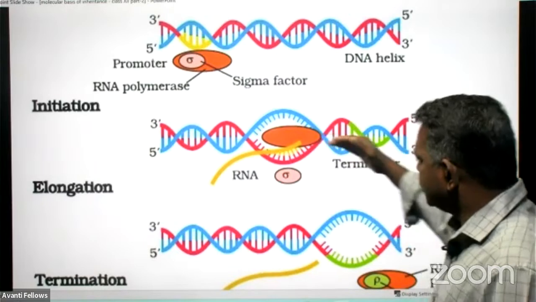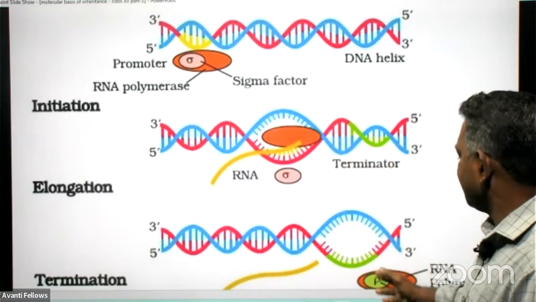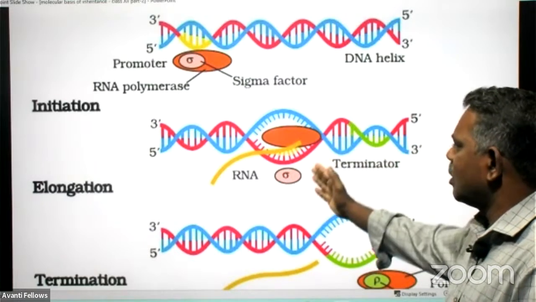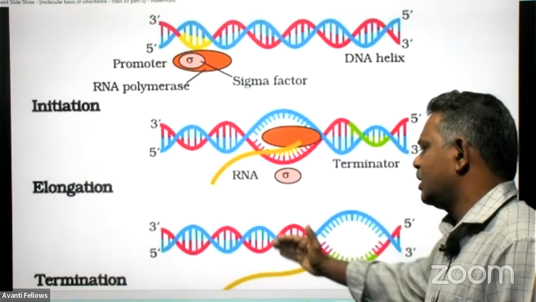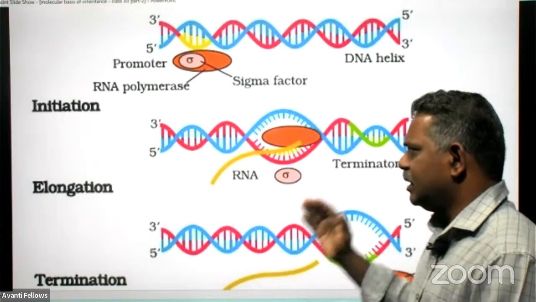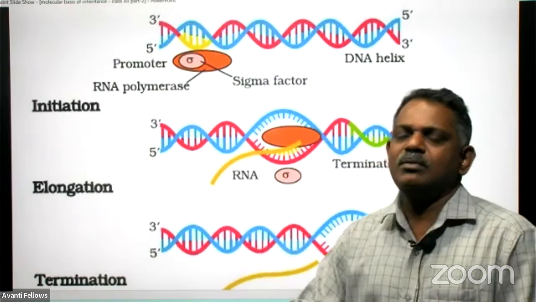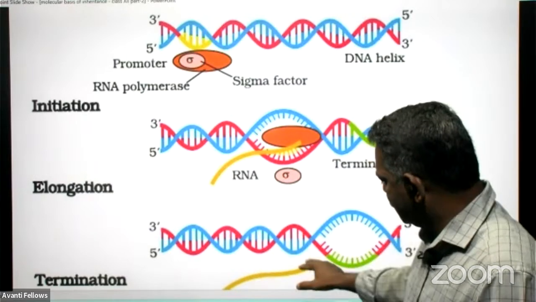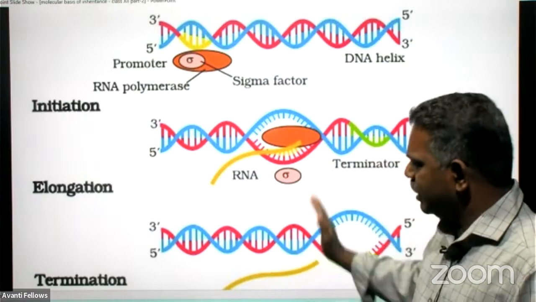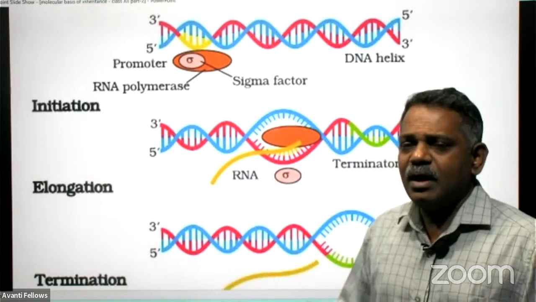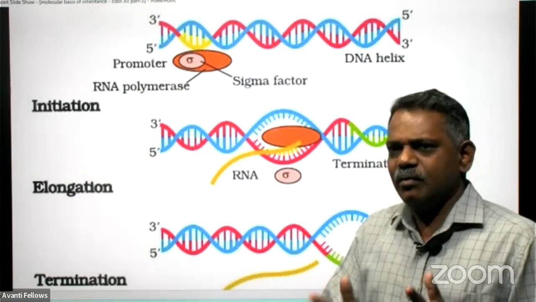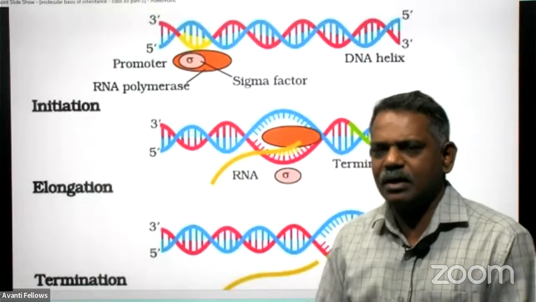After reaching the terminator region, because of the rho factor, the RNA polymerase is separated, and with that the process of RNA preparation comes to an end. The RNA will detach and come out from the DNA, and the DNA will go for coiling and get its 3-dimensional coiled structure back.